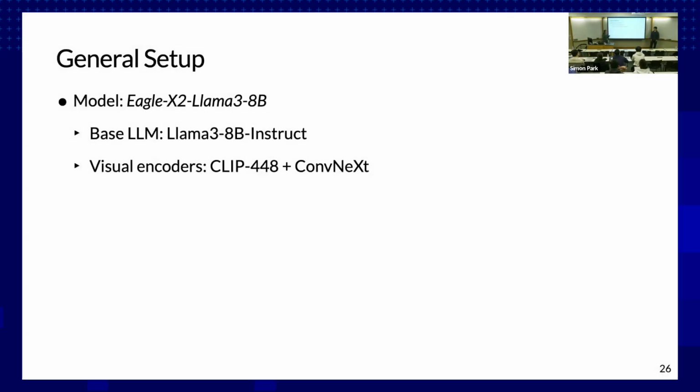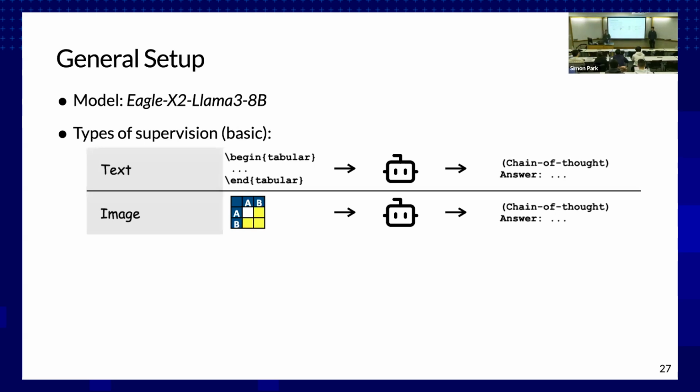To introduce the general setup, we use a model that we call Eagle-X2-Llama3-8B, which uses Llama 3 8B Instruct as the base LLM with two vision encoders. The types of supervision we're considering consist firstly of the basic unimodal supervision, which we call text and image.